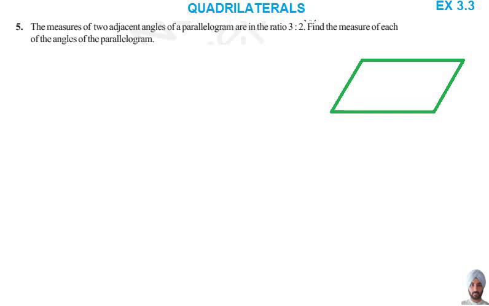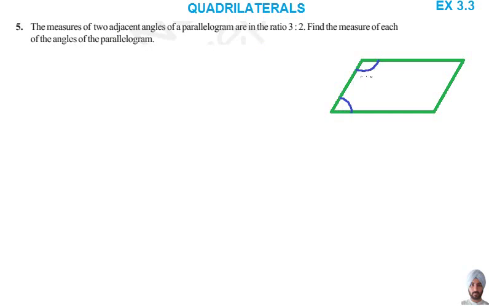So this ratio is the ratio of the adjacent angles. That means that this angle and this angle, these are two adjacent angles, they are in the ratio 3:2.